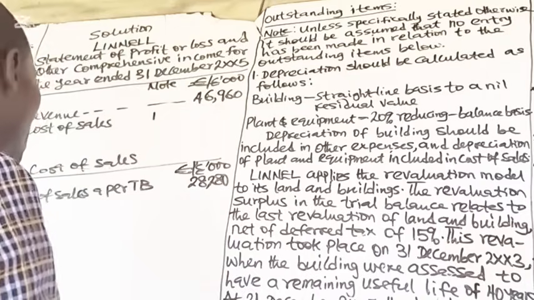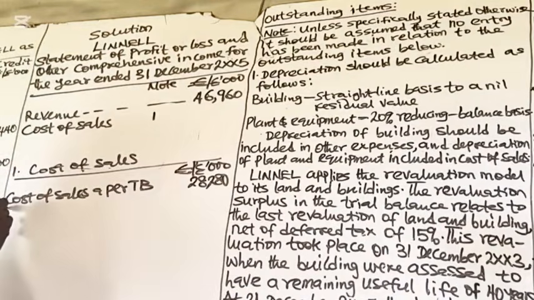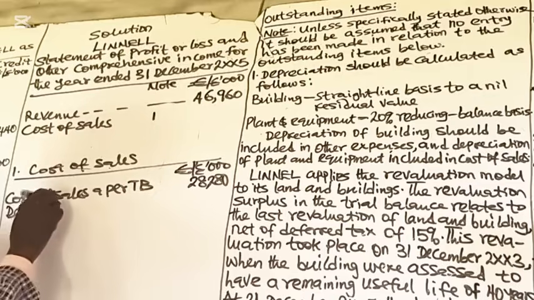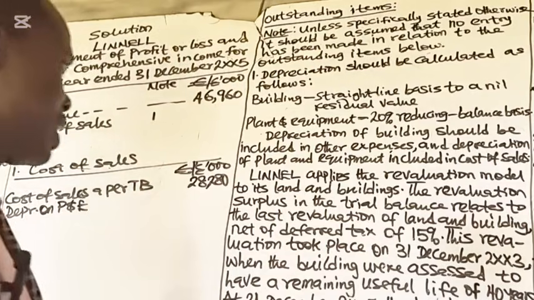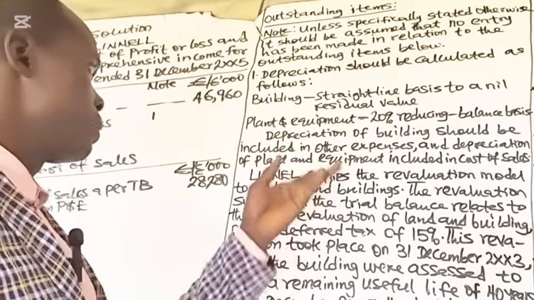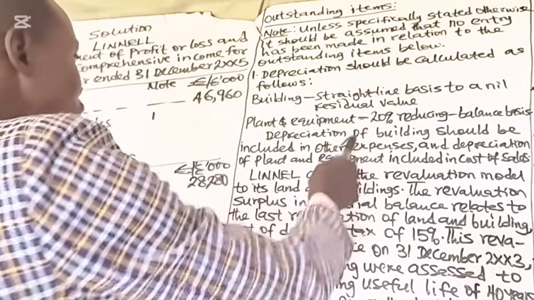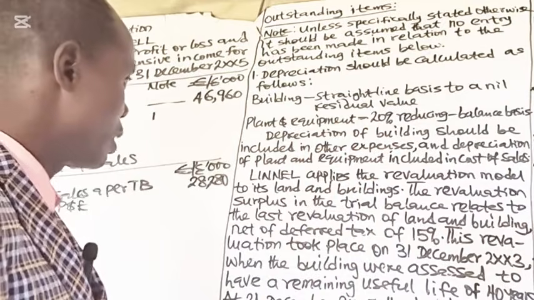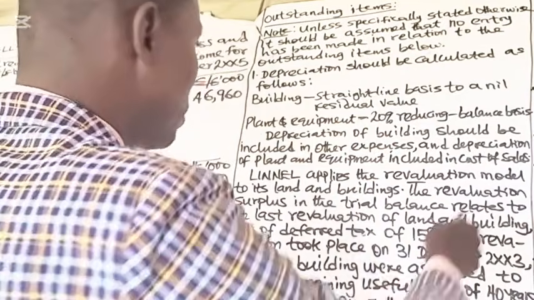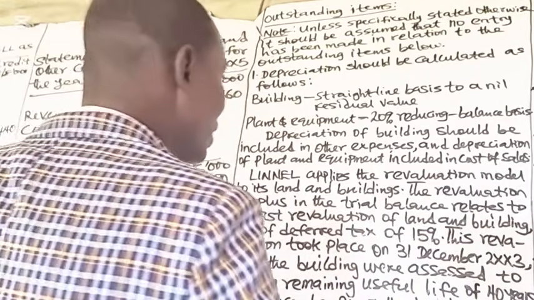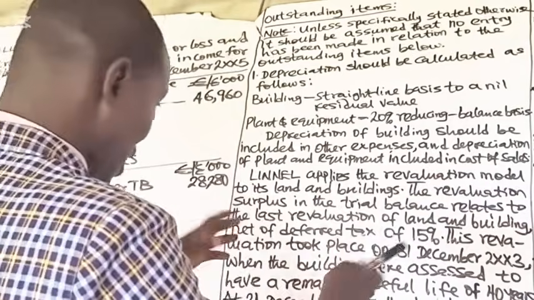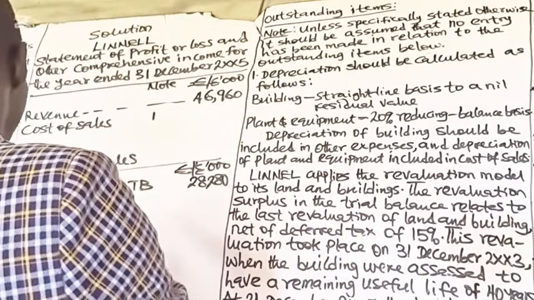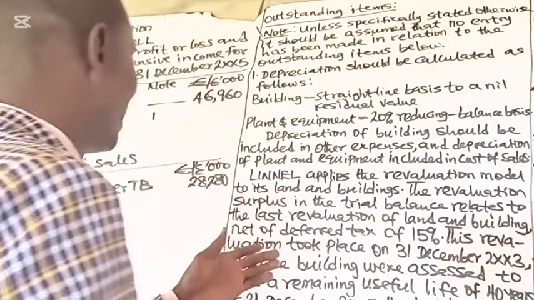Remember, the reducing balance method is to be used for depreciation on plant and equipment, and the rate of depreciation is 20%. Now, Linen applies the revaluation model to its land and building. We are not concerned with land and building, since land and building depreciation will not be included in cost of sales.